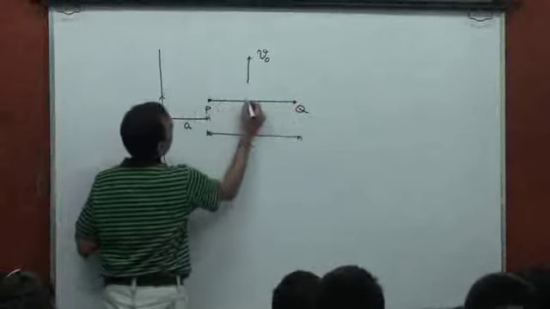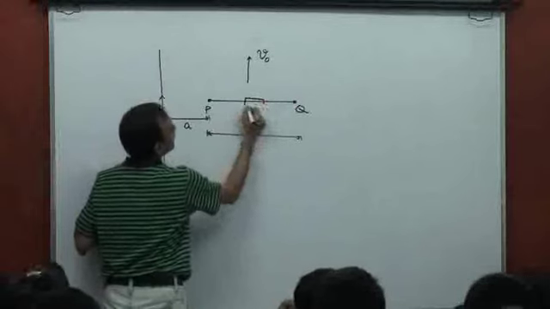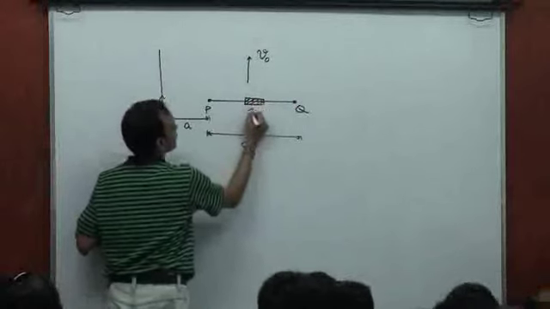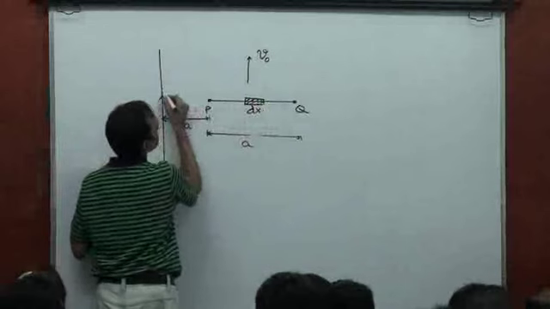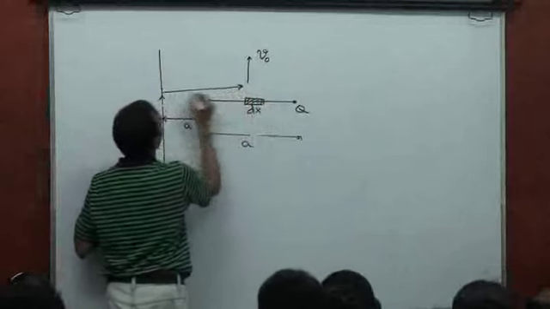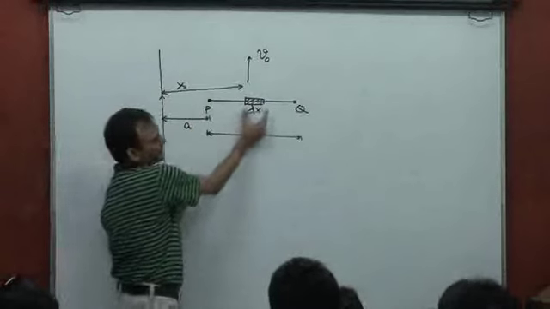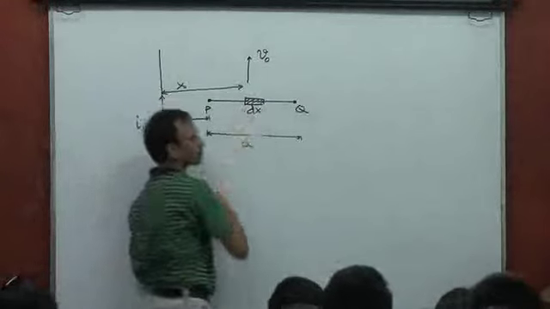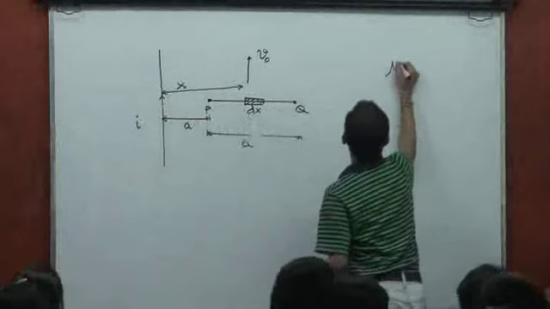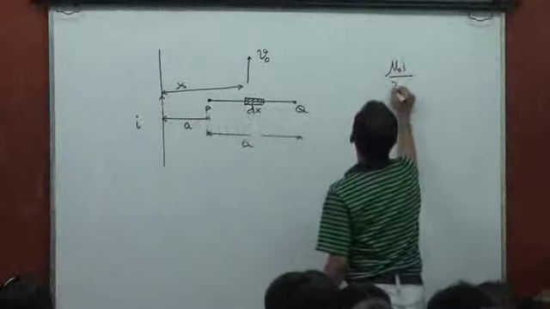So if I had to look at an element, a small element dx at a distance x from this current carrying wire, then the magnetic field to which this is exposed is mu naught I by 2 pi x.